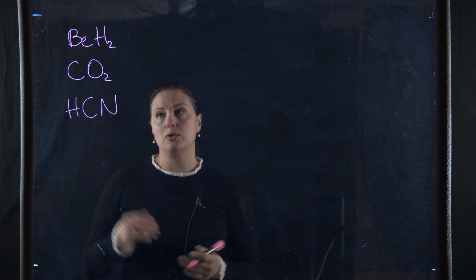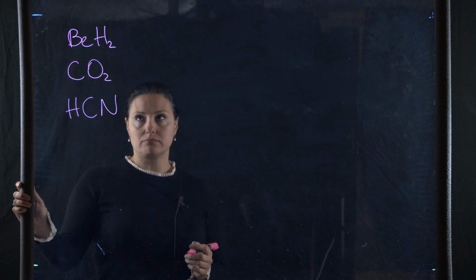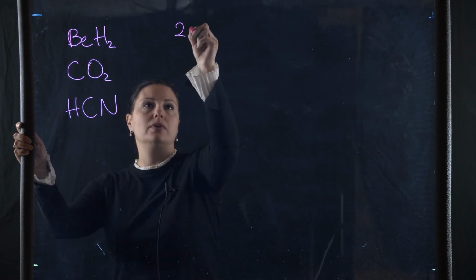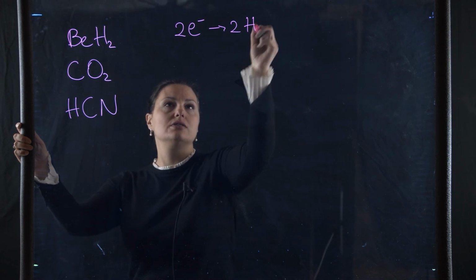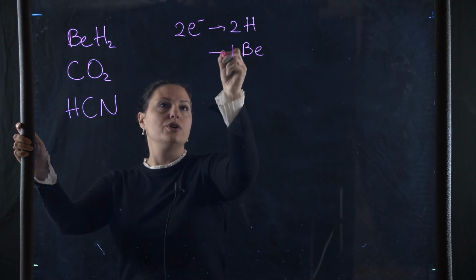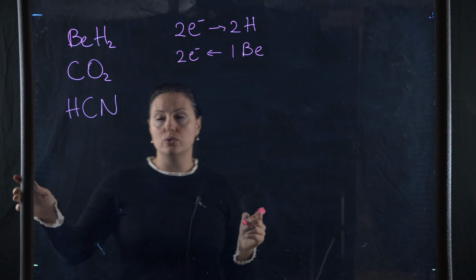So for beryllium hydride, I have 2 electrons that come from the hydrogens because I have 2 hydrogens, and then I have 1 beryllium which brings in 2 electrons as well because it's group 2.